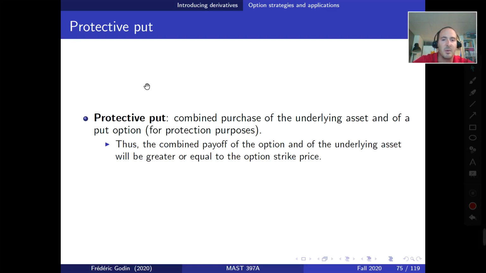So this is why we call that protective put, because it floors the amount of payoff you can get from that strategy. Okay. The downside of this is if you buy a put to protect yourself, you have to pay the premium. So of course, paying that premium will reduce your average profitability.